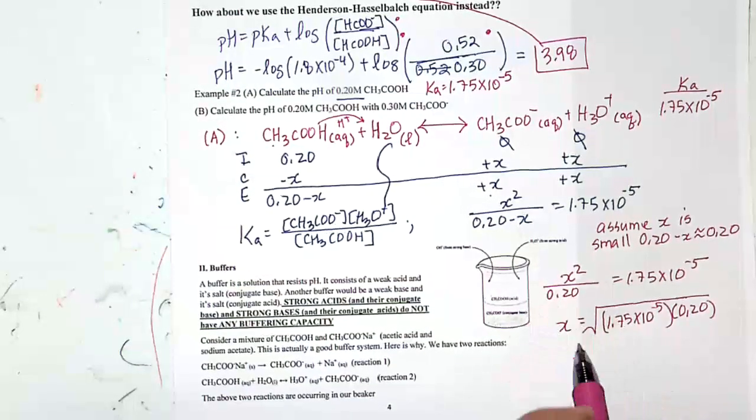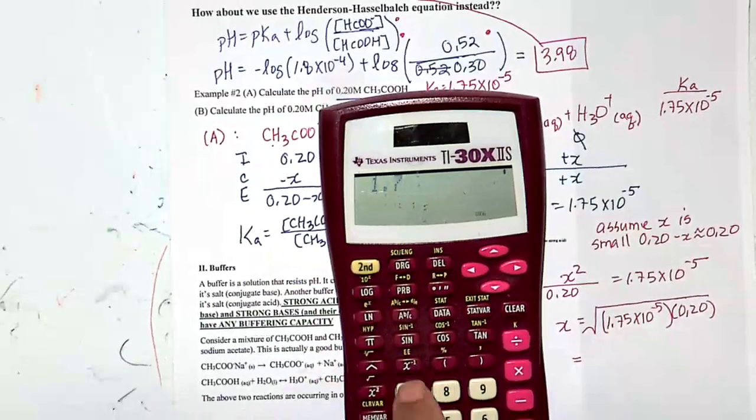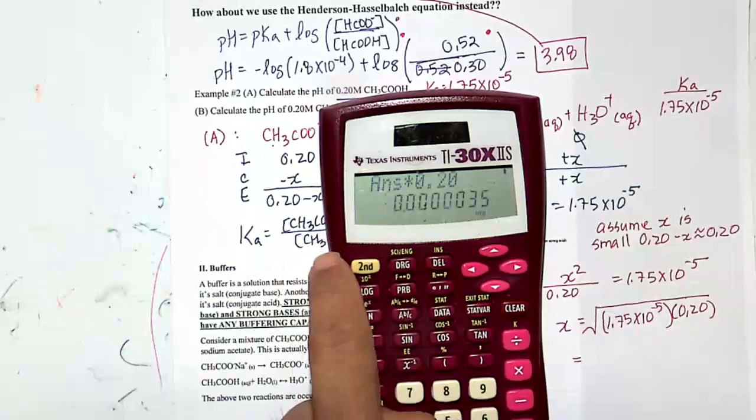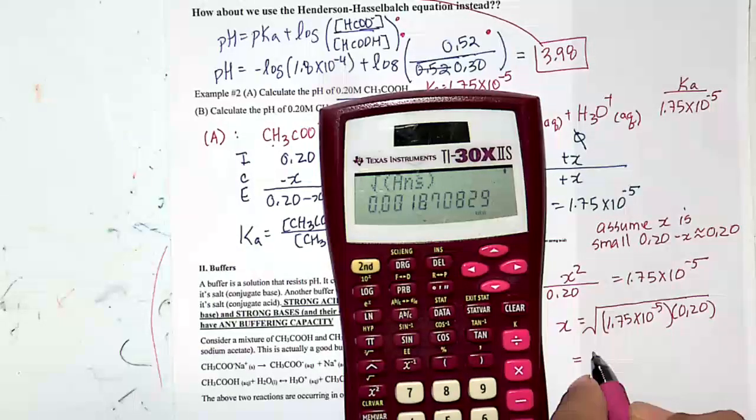What will x be? What's 1.75 times 10 to the minus 5 times 0.2? Square root that product, we're getting 0.00187.